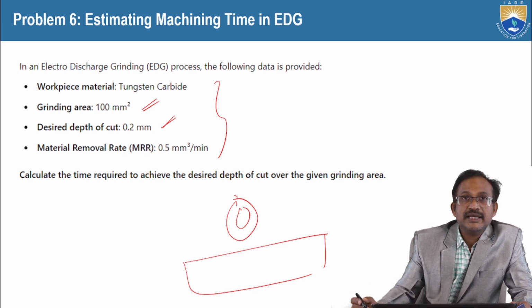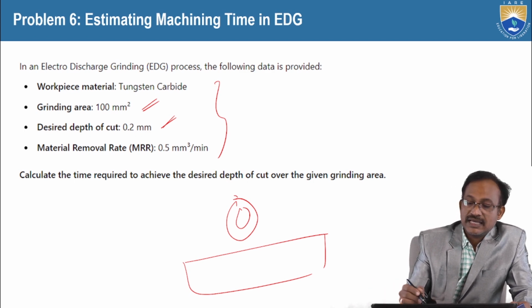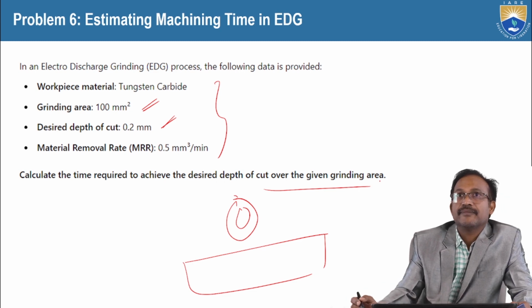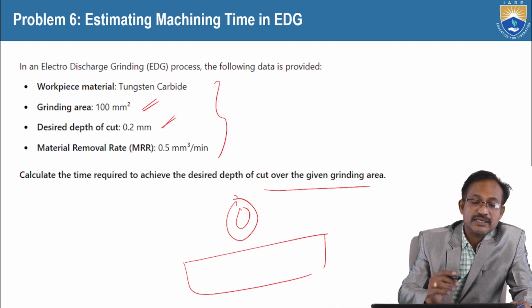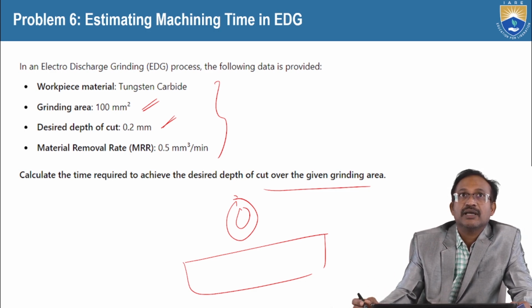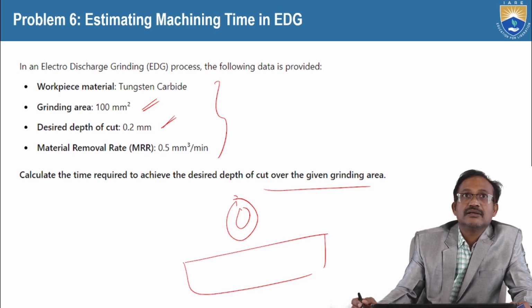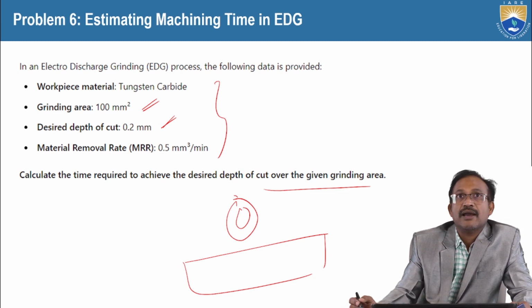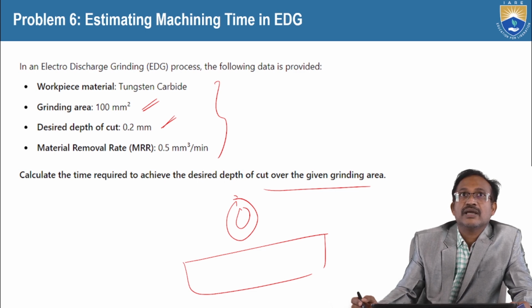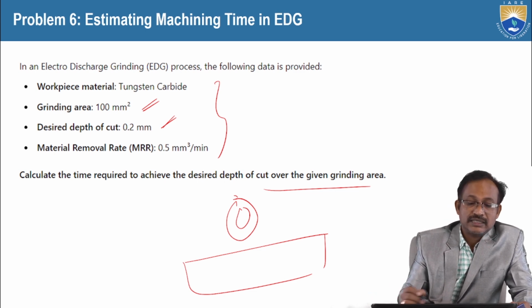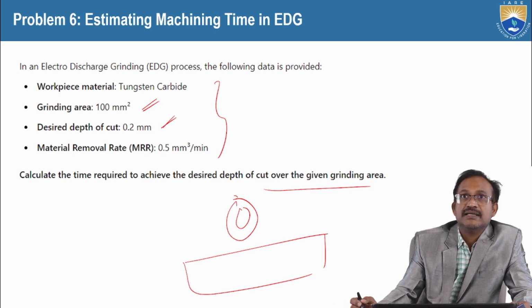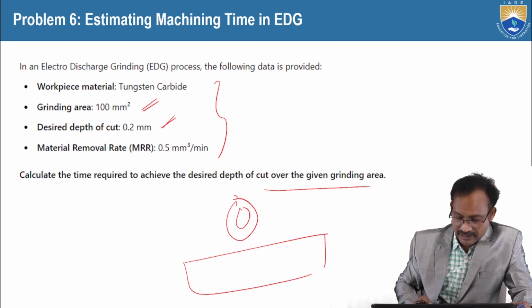Calculate the time required to achieve the desired depth of cut over the given grinding area. So we have to understand the problem clearly. Grinding area, desired depth of cut and material removal rate are given. We need to find the time required to achieve the desired depth of cut over the given grinding area.